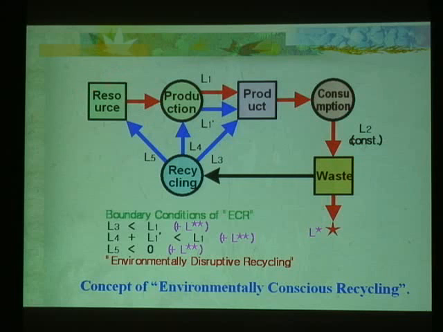by using natural resources, we have to generate two kinds of environmental load, from the production stage and also from the consumption stage. The driving force of this material circulation is, of course, consumption. And to reduce the material flow in the consumption stage is the best way, of course.